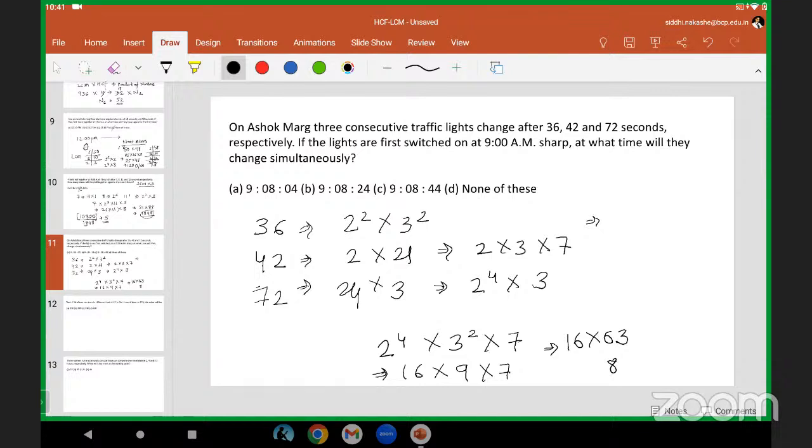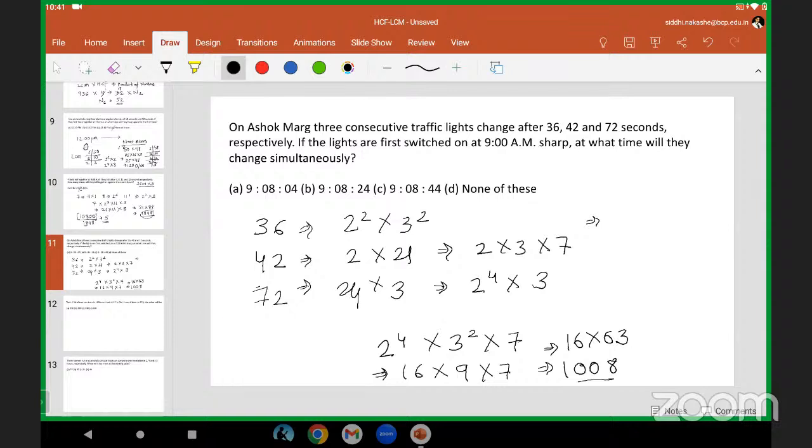So 16 threes are 48, and 96 plus 4, that is 1008. So 1008 again at what seconds? So if we have to do it in seconds again, let's look ahead.